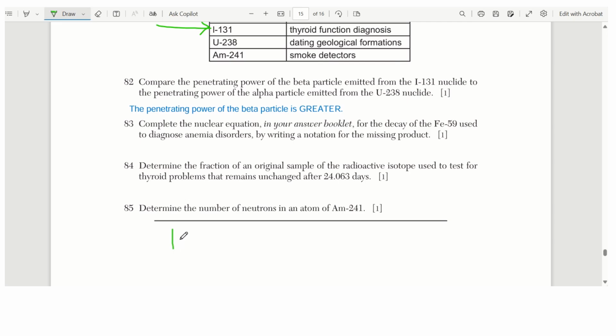First, if in a fraction I start with 1, the whole thing, then I would have a half. After another half-life, I'd have half of a half, which is a quarter. After another half-life, I would have half of a fourth, which is an eighth. After another half-life, I would have half of an eighth, which is a 16th.